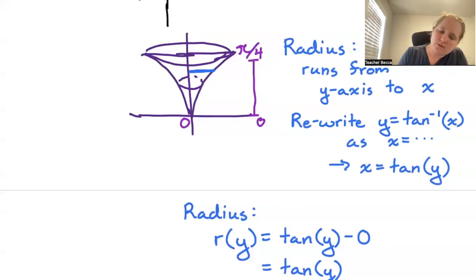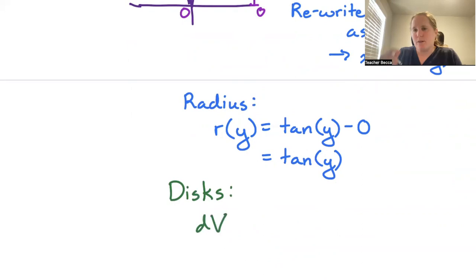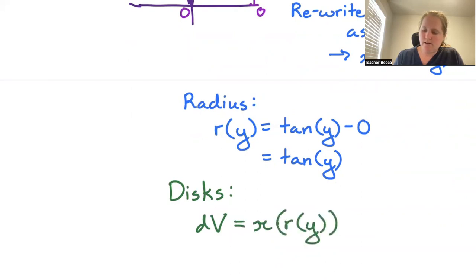Our cross-sectional disks, we are now looking at horizontal disks. So we have our disk volume, or our little sliver of volume, dV, is equal to pi times the radius in terms of y squared times dy.